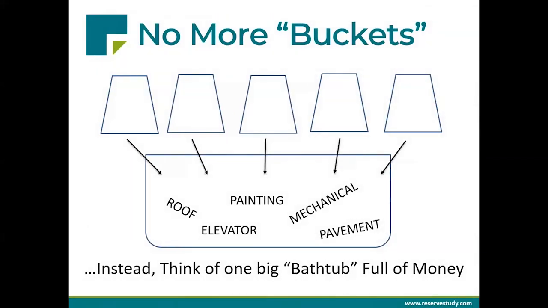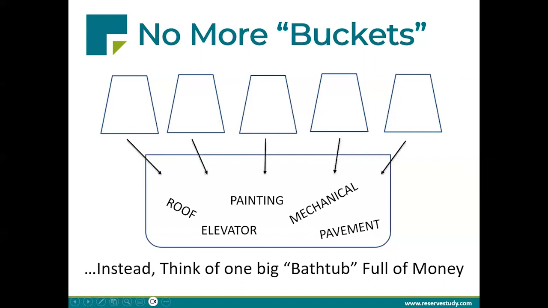So just to articulate what it is, the best way that I found to explain this method is to go back to that same bucket analogy that I used when I was talking about straight line. But just imagine now that I'm going to take all of those old buckets of money that I had, and I'm going to dump them into one big bathtub. All of the money that was in all these separate places is now in one place.